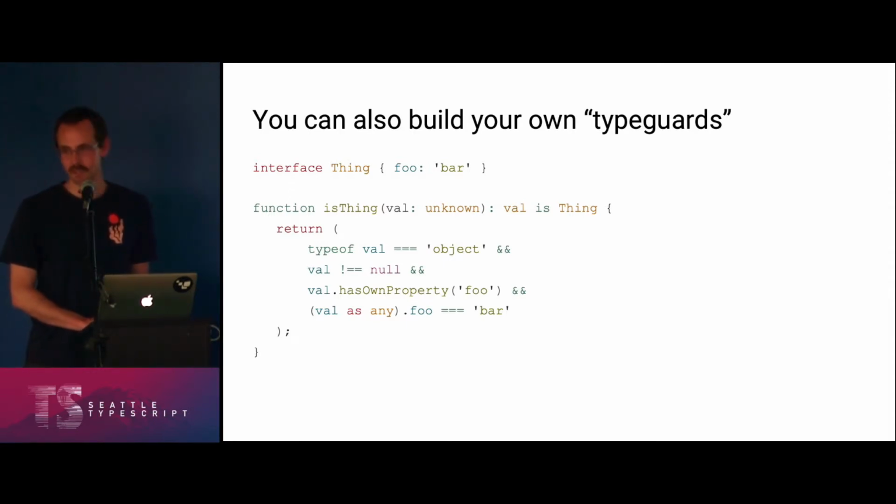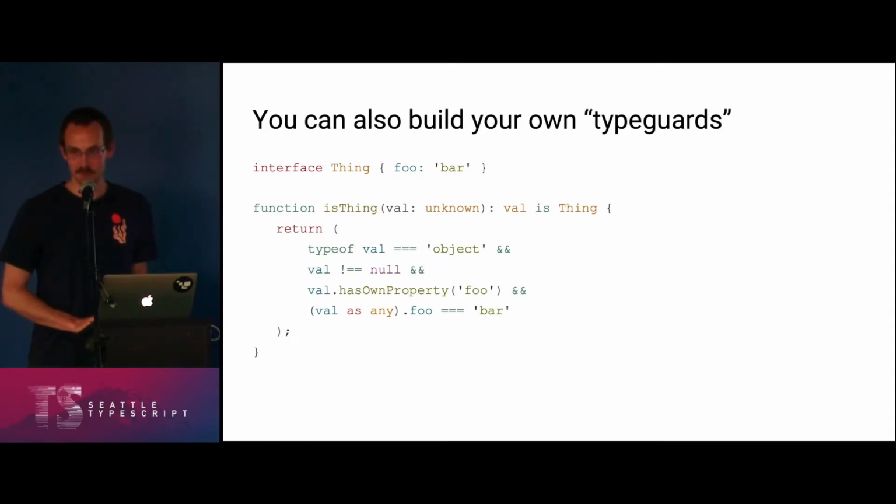And so now we can actually do whatever we want in here. We could just return true. And if we called isThing and passed a value to it, TypeScript will trust that we know what we're doing inside our typeguard and will assume that that value is now Thing interface type for the rest of the code execution. So you do have to be careful within your typeguard function. You want to be strict because you can shoot yourself in the foot. You can do whatever you want in here.